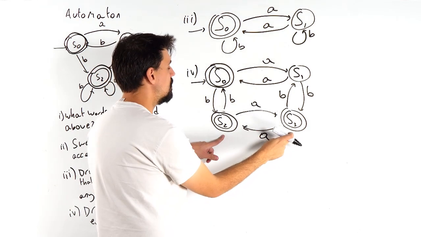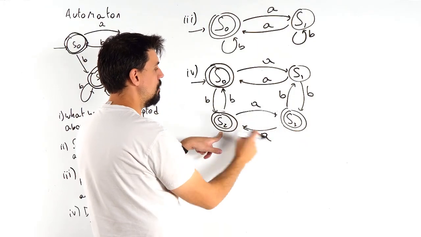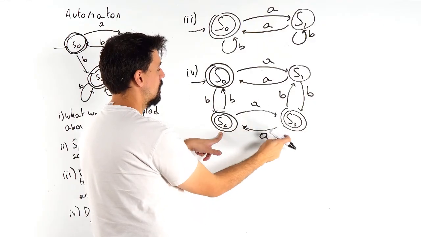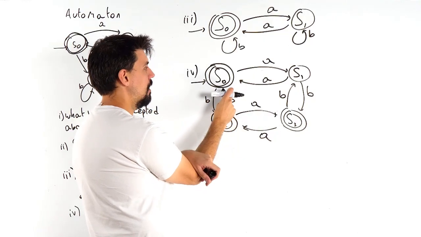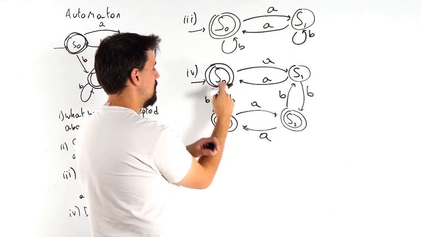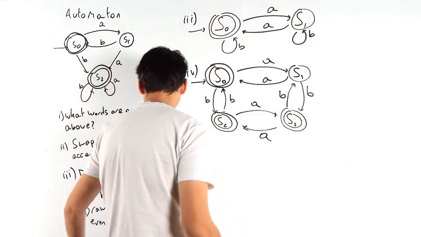Because you're only ever in these two states if you've got an odd number of B's, at which point you can A around to your heart's content. You're in that state if you're in an even number of A's, in which case you can have any number of B's to your heart's content. And I think this one here will work.